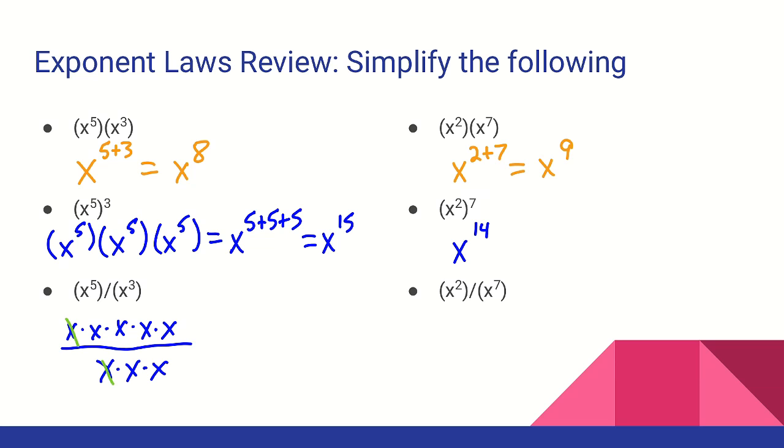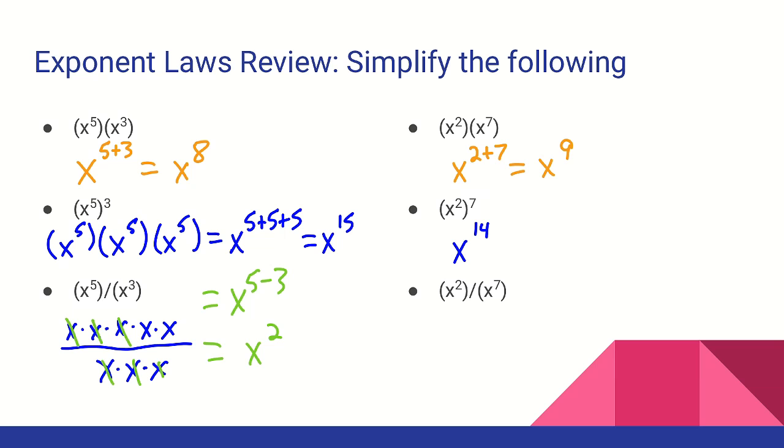And these make a 1, those make a 1, those make a 1, and so you get x squared. And really, it's x to the 5 minus 3. So you take the same bases, combine them into one base, take the numerator exponent, subtract the denominator exponent, and that's what you get right there.